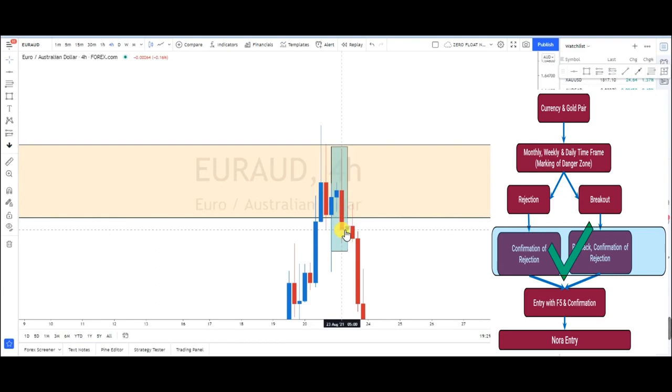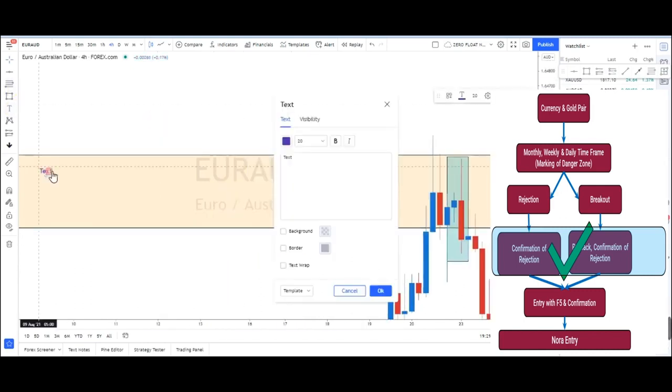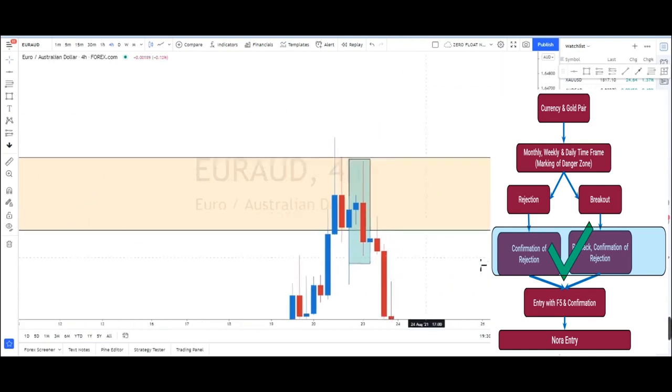Therefore, this is considered a confirmation of rejection on the H4 time frame for the daily danger zone. So I'm going to write this as daily danger zone, DZ, resistance. Okay, so on the H4 we have the confirmation of rejection.